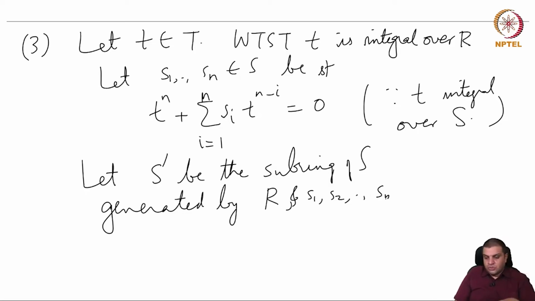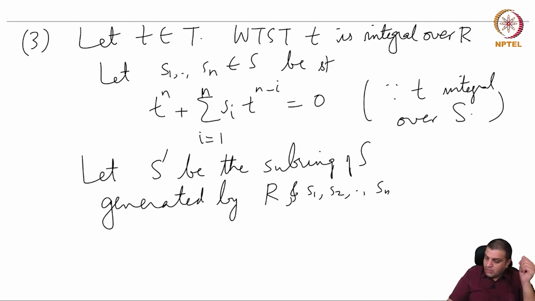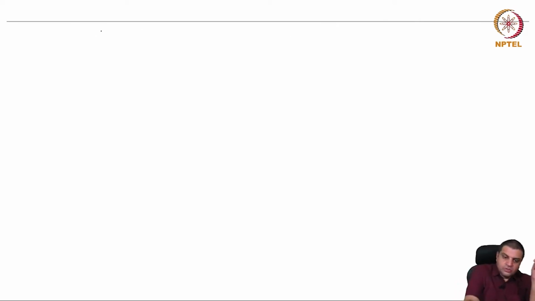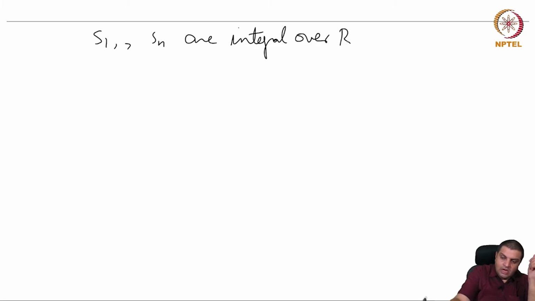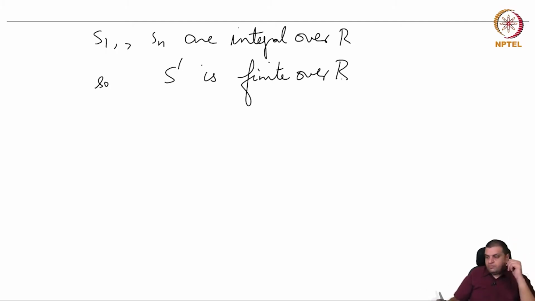So this is the subalgebra. S1 through Sn are integral over R. So S prime is finite over R.